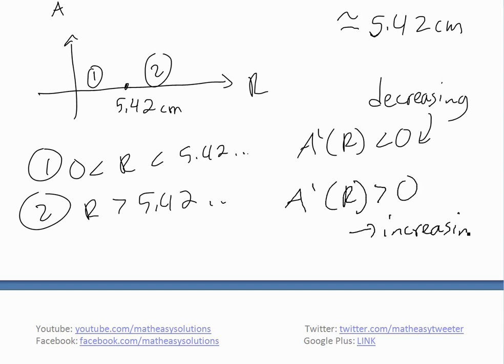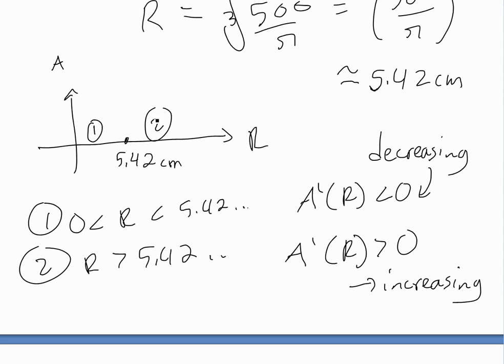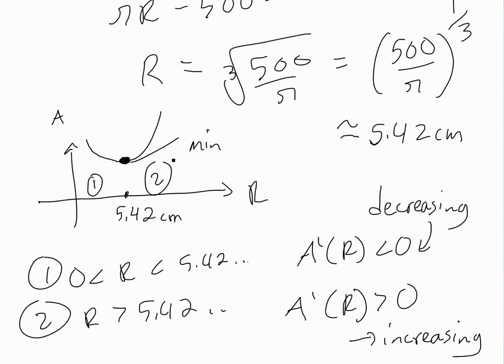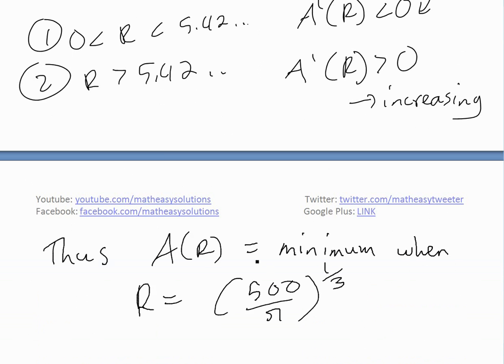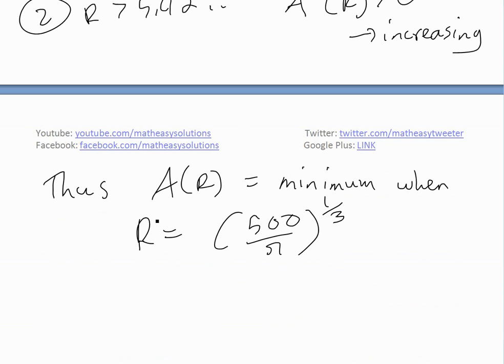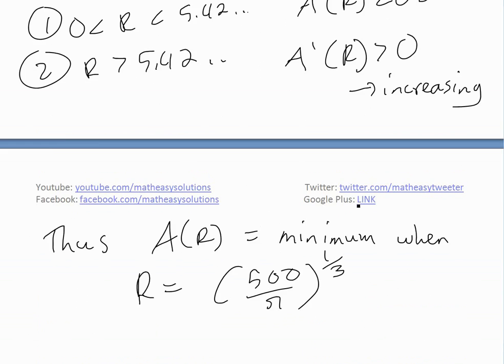And if you have this, the graph would look something like this, somewhat decreasing and then increasing. So this is the minimum, and this is our dimension for the radius.